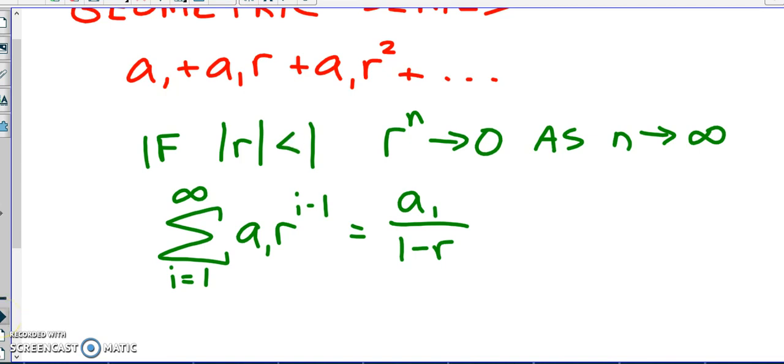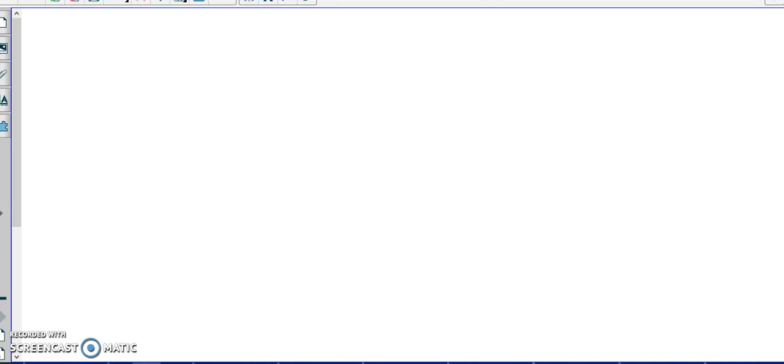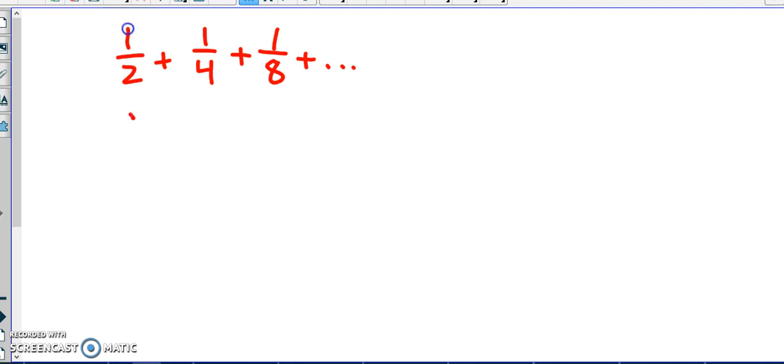So what if we consider 1/2 plus 1/4 plus 1/8 plus ... Okay? So your A1 is 1/2, and your R is 1/2 because you're multiplying by 1/2 every time.